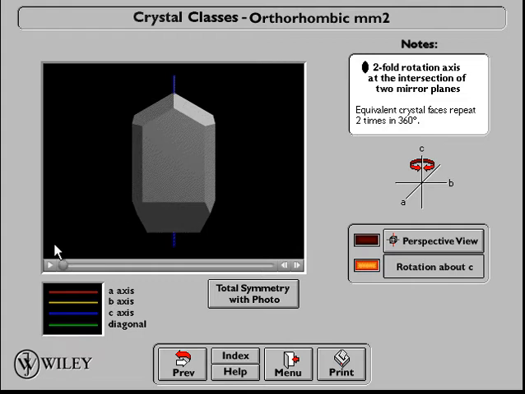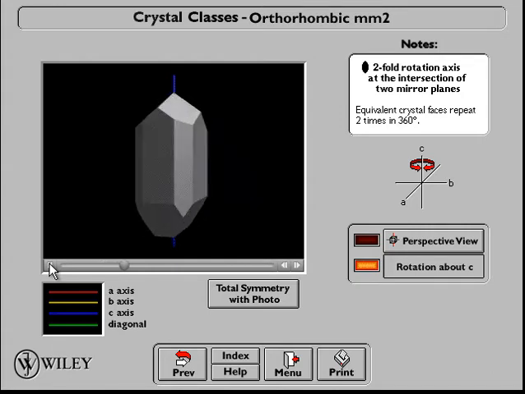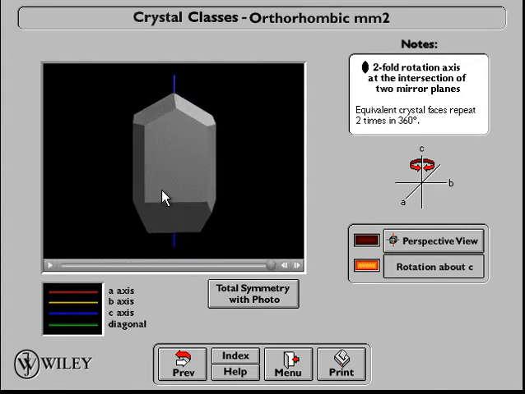So now we are clicking and watching our movie. Equivalent crystal faces will repeat 2 times in 360 degrees, and we have two mirrors again. We can show it again. Here is one mirror, and here is the next mirror, and we can turn it 2 times within 360 degrees. That's how easy this is.